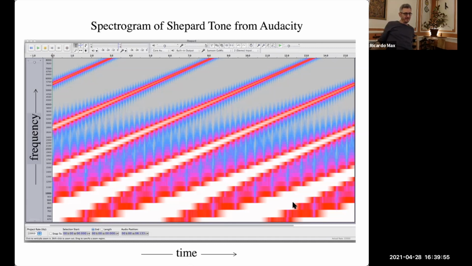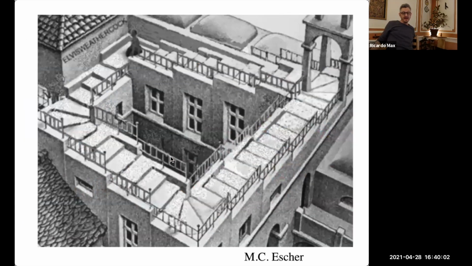Okay, so this is time and frequency. So these lines move all the time from left to right. And it's exactly the same idea of MC Escher. It's funny because the way we perceive it, we can look at it infinitely. Our perception cannot make sense of this. Because, yeah, you got the idea.